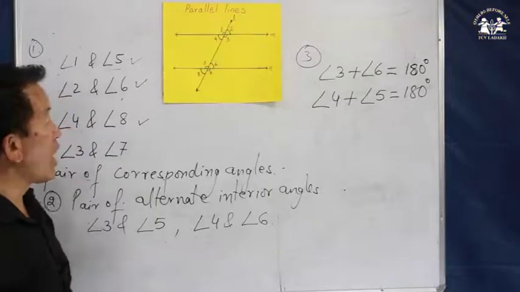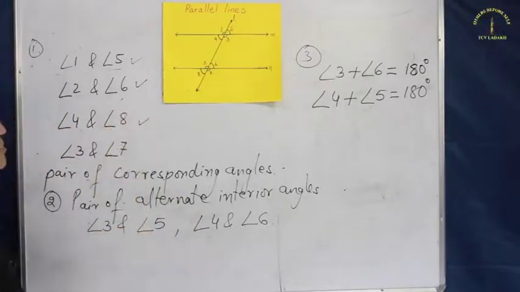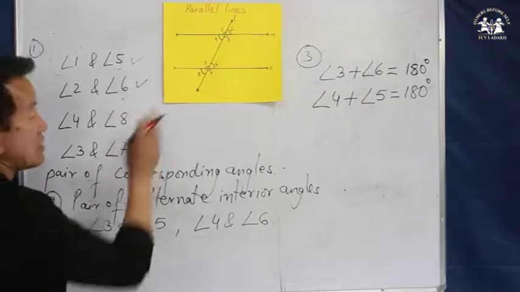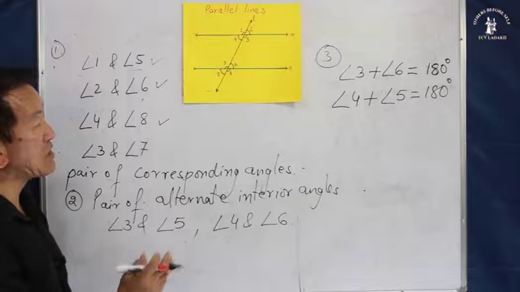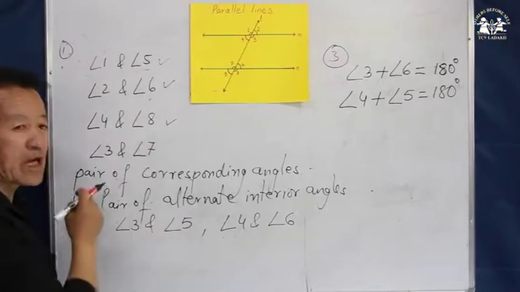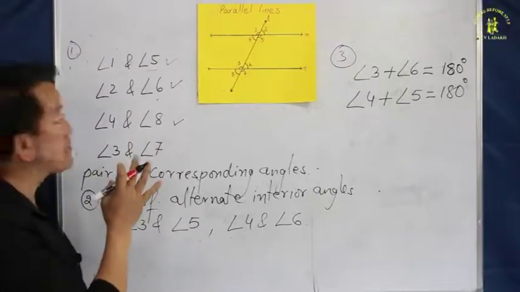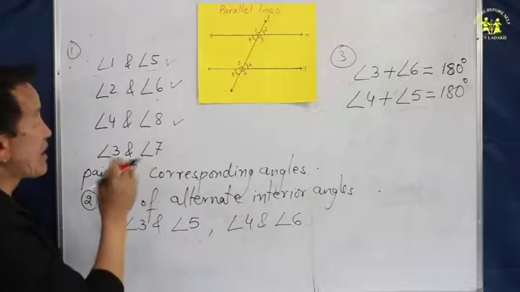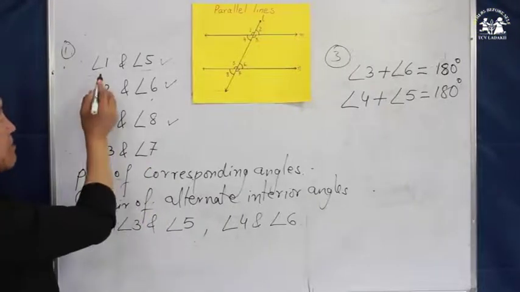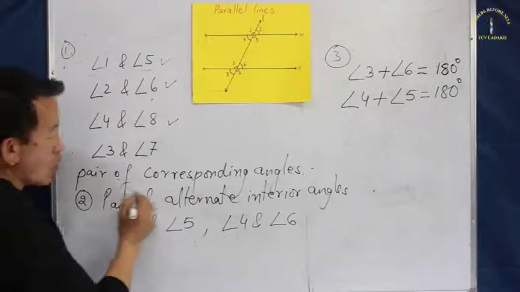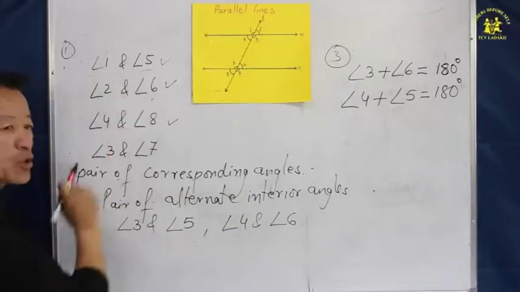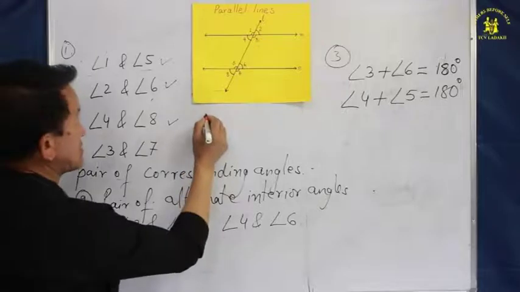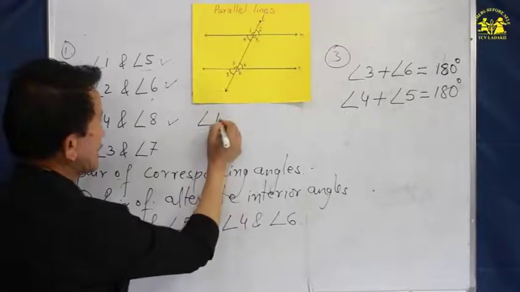Okay. Now coming to parallel lines. If two given lines are parallel to each other and intersected by a third line, which is called a transversal, then the pair of corresponding angles will be equal to each other. So that is the first result that we'll get.